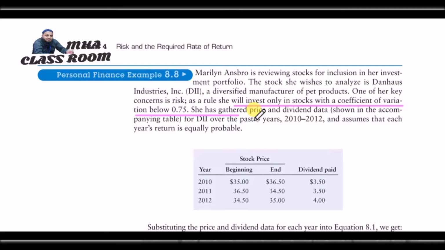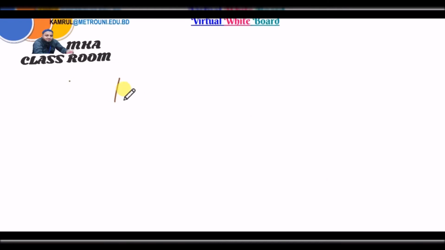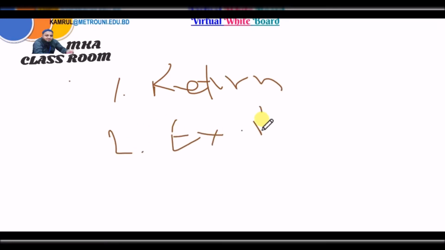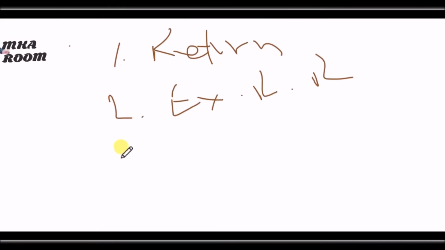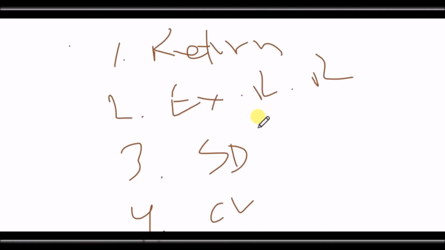Step one, you have to calculate the return first. Then you have to calculate the expected rate of return. Then you have to calculate the standard deviation. Then you have to calculate the coefficient of variation.